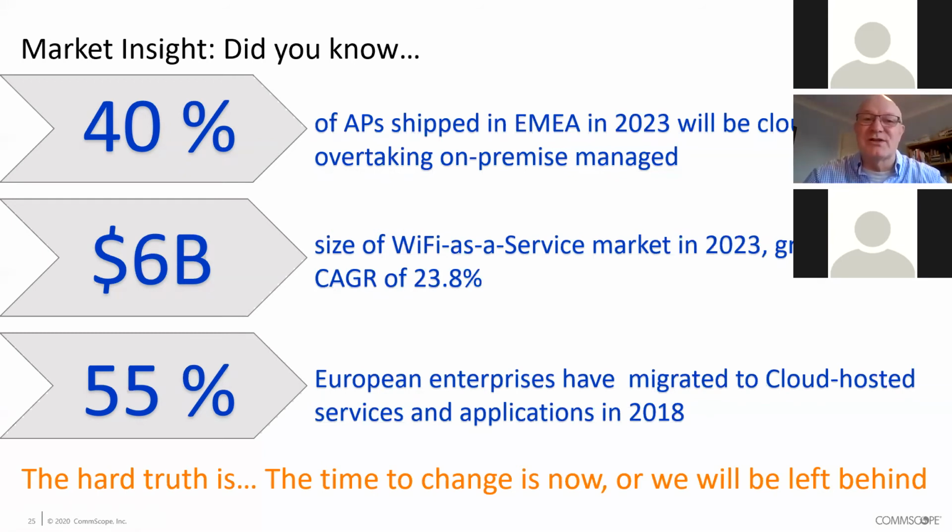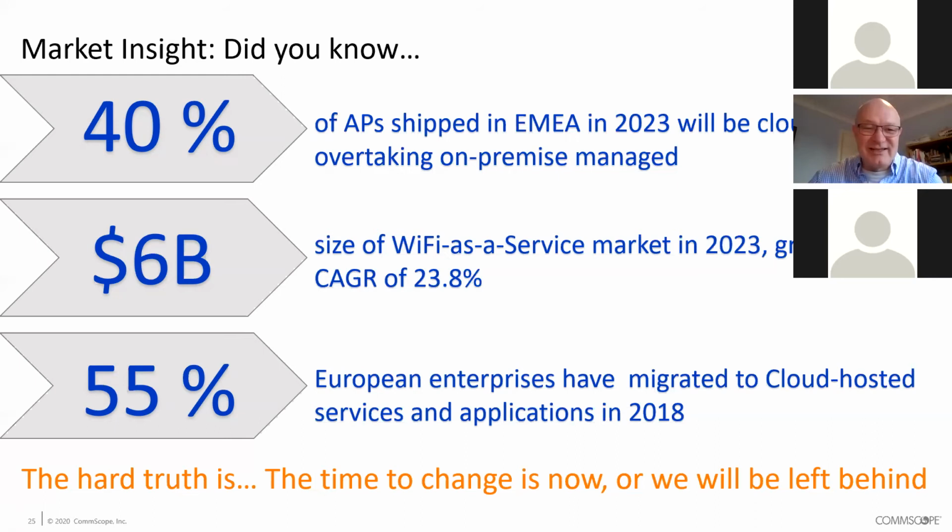RUCKUS Cloud is one of those options. The key insight from these market insights is that 40% of APs shipped in EMEA in 2023 are forecast to be cloud managed. So if you think about the huge market for cloud management, RUCKUS Cloud's a clear contender for that chunk of the market.